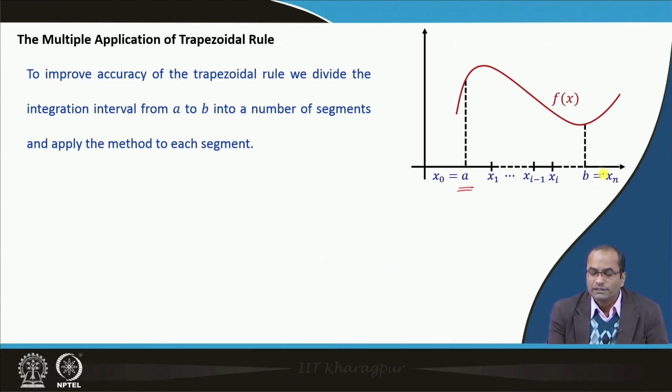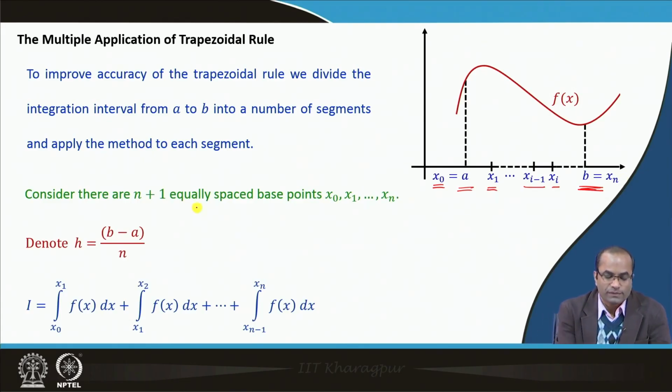In that case we will split this integral, we will break the range a to b into several points. From a, which we are calling x naught, to x 1, then x 2, x 3, x i minus 1, x i, and the last point is b, which we are calling x n. So we have taken n sub intervals with equally spaced points x 0, x 1, up to x n, so that h is b minus a over n.